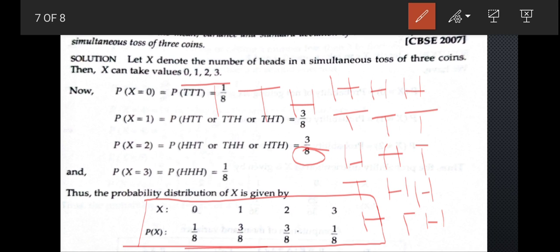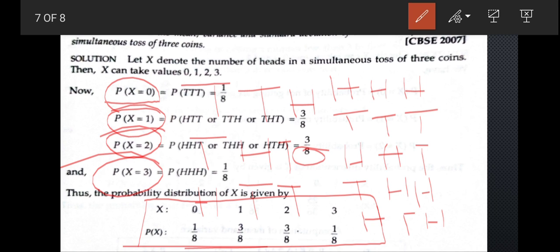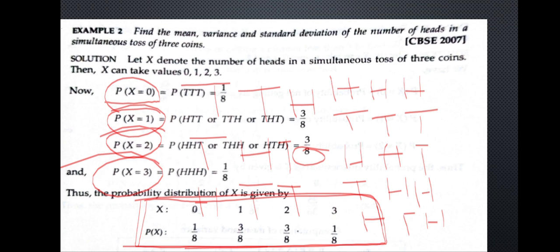Then t h t, then one more chance is h t t. So these are the 8 total favorable outcomes, out of which we first find the probability of no head, 1 head, 2 heads and 3 heads, and with the help of this, we find the probability distribution. So we have already got the probability distribution table.